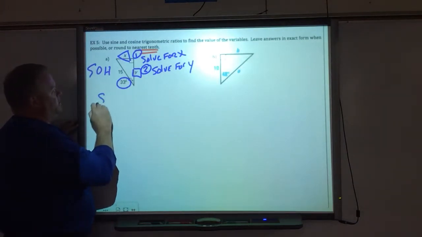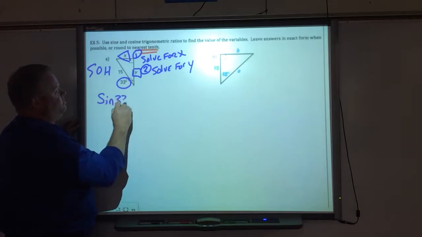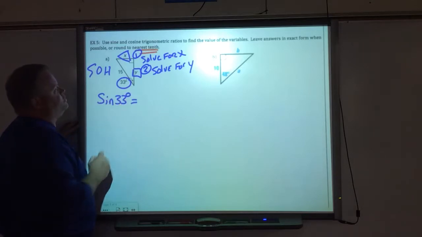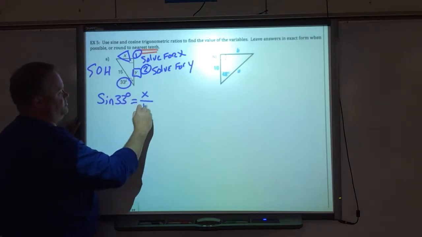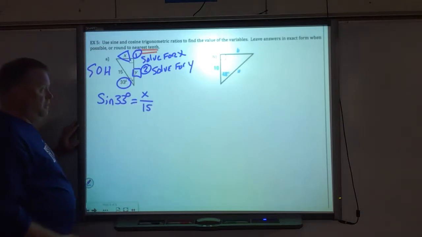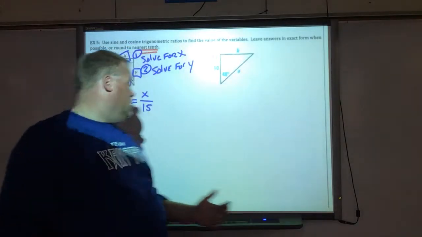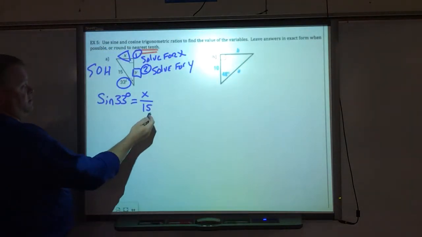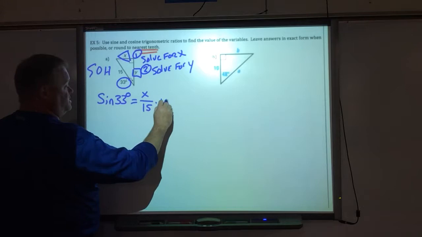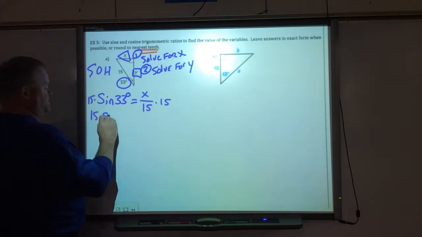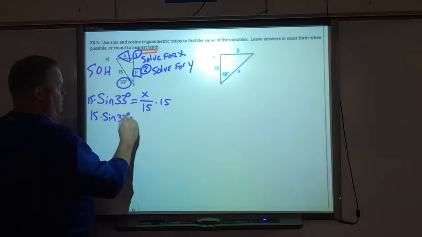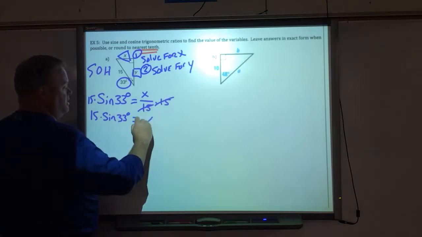So sine of 33 degrees is equal to opposite x over hypotenuse, 15.9, just solve and go. Solve for x. Once again, I'm going to multiply both sides by 15. So that gives me 15 times sine of 33 degrees is equal to x.